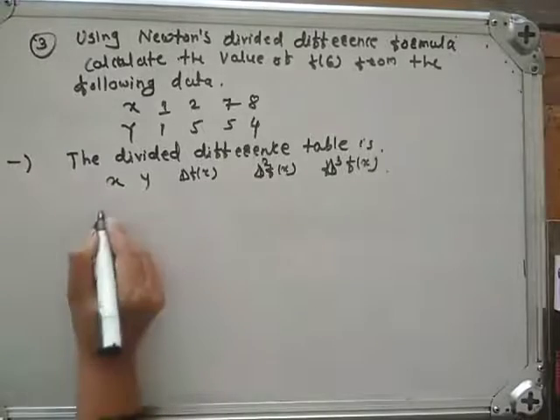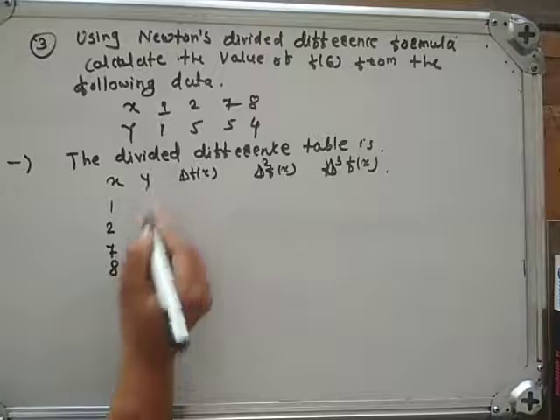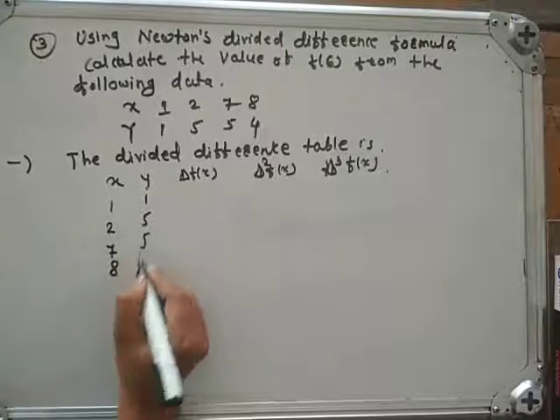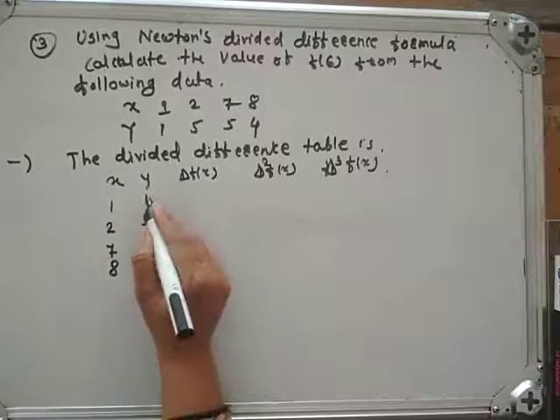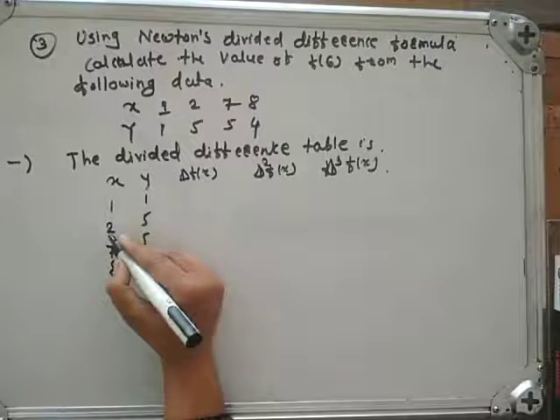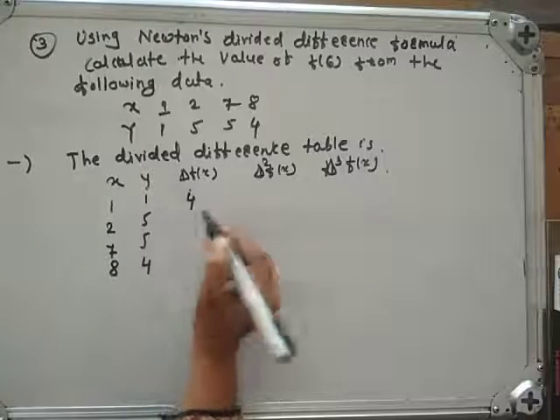Okay. Values of x are 1 2 7 8. This is 1 5 5 4. Okay. First divided difference is 5 minus 1 upon 2 minus 1. So it is 4.